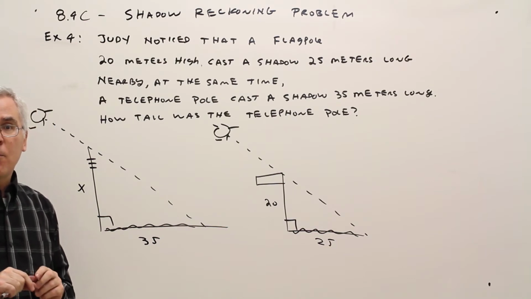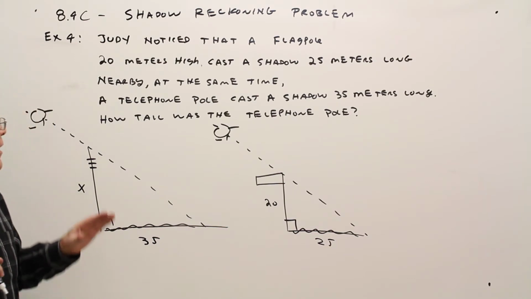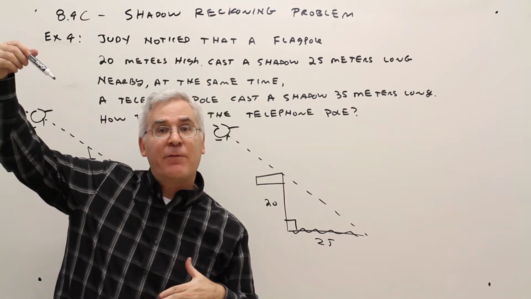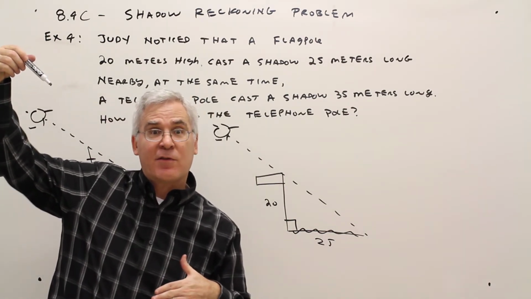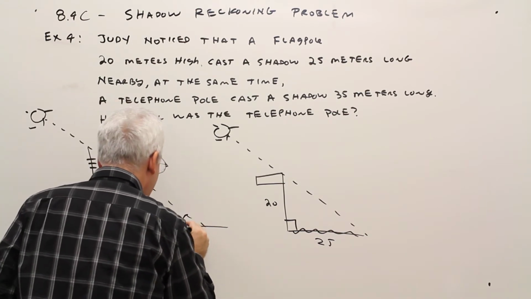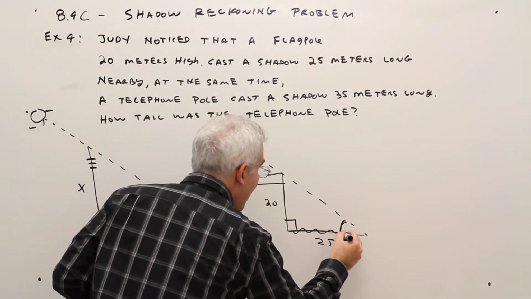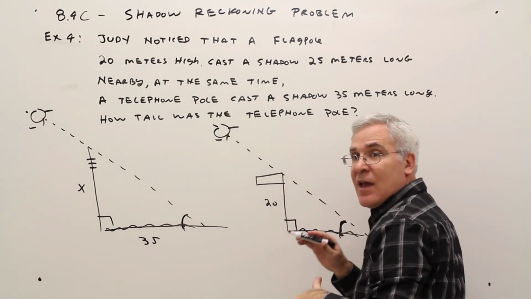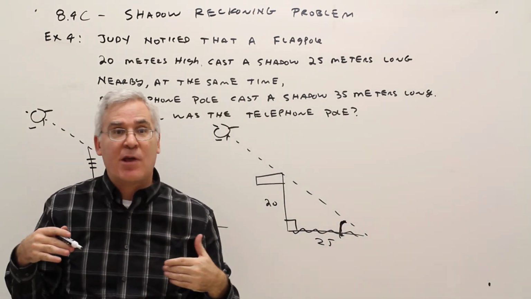Okay, so what's important to know here is nearby and at the same time, the angle of elevation of the sun is going to be the same. So that means this angle here and this angle here are going to be the same. The angle of elevation of the sun is the same in a nearby location at the same time.